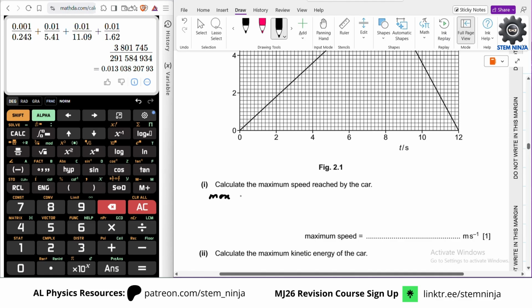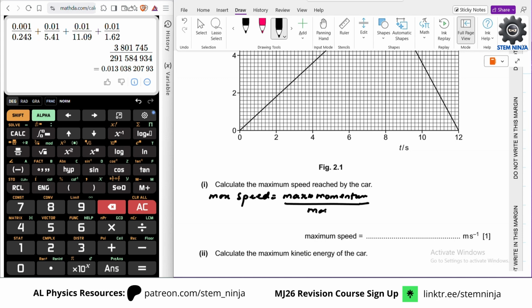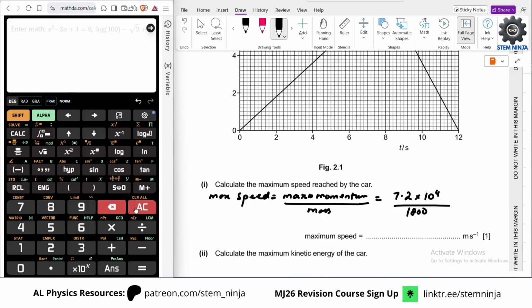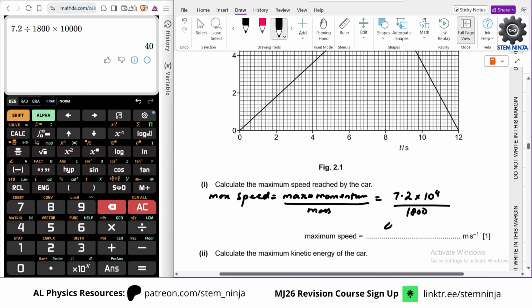Max speed is equal to max momentum divided by mass. So you have 7.2 times 10 raised to the power 4 divided by 1800 kg. So 7.2 divided by 1800 times 10,000, you have 40 meters per second.